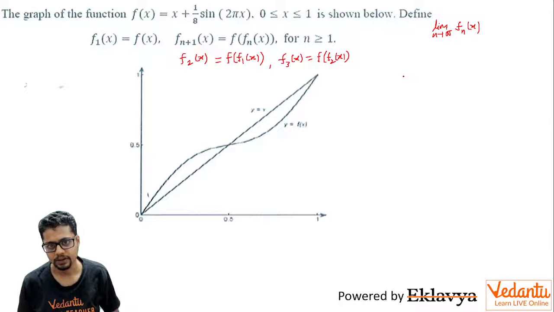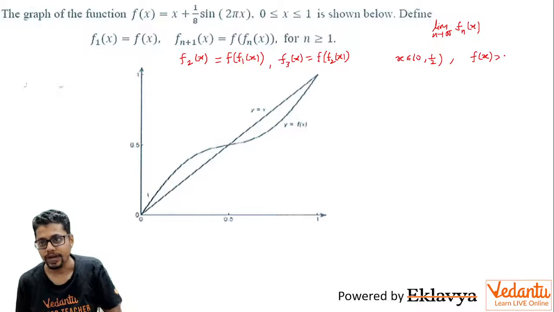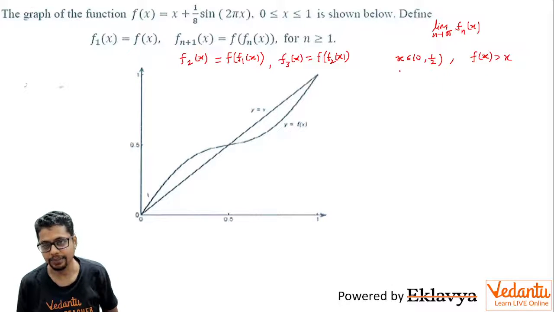Now if you see carefully, when x is in the interval 0 to half, we have already understood that here f of x is greater than x. At the same time, when x is in this interval 0 to half, even f of x is also in the interval 0 to half. So if I put f of x instead of x in the above inequality, given that f of x is also in the interval 0 to half, the inequality should still hold.